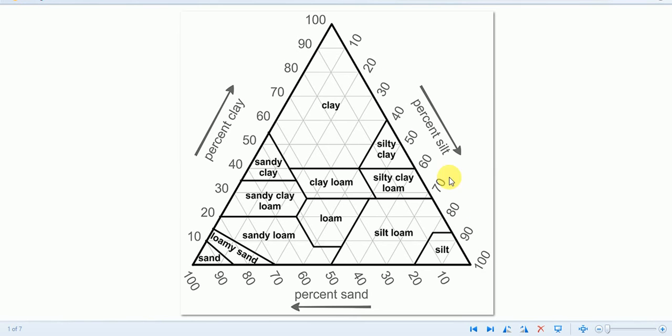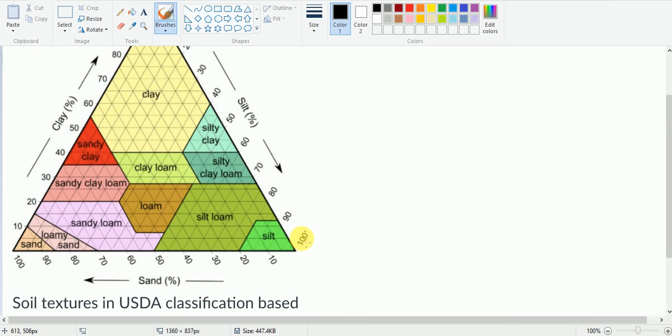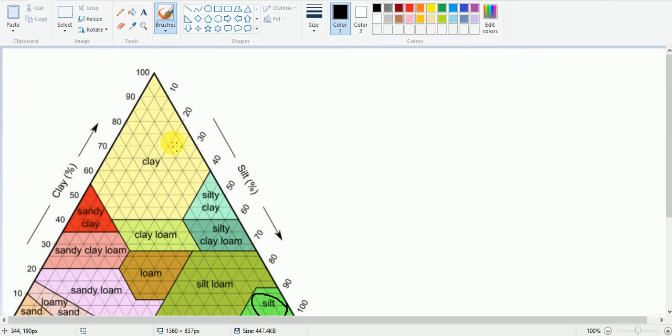If the percentage of silt is higher, then we call it silty soil. Likewise, if the percentage of clay is high, then we call it clayey.